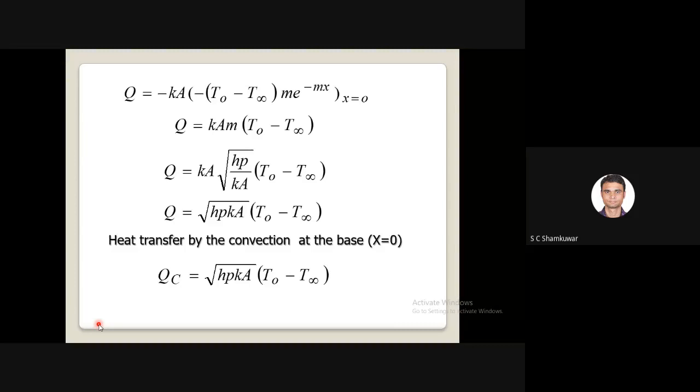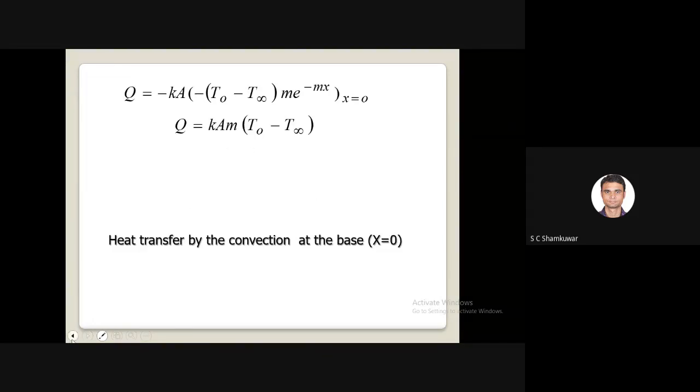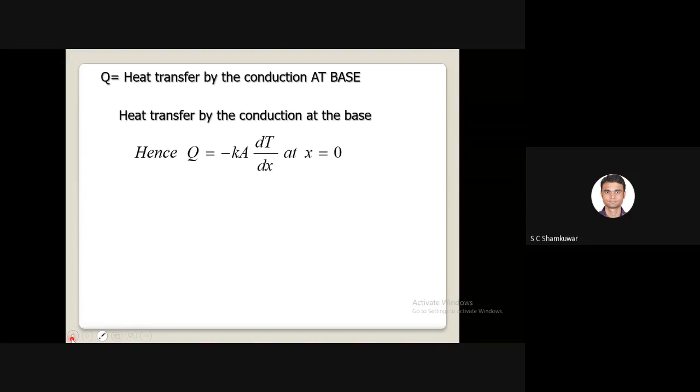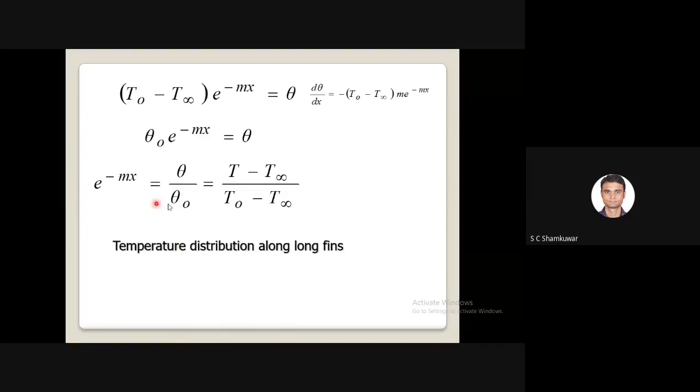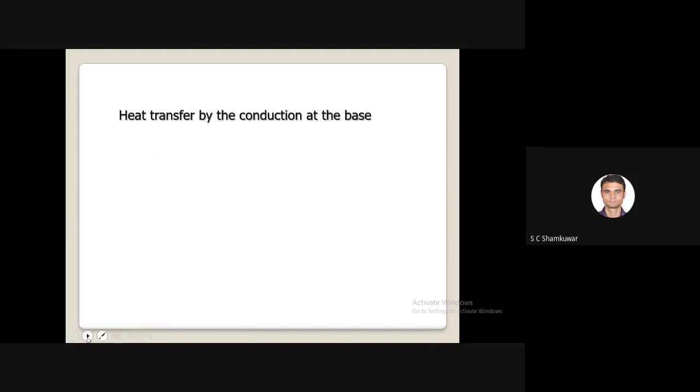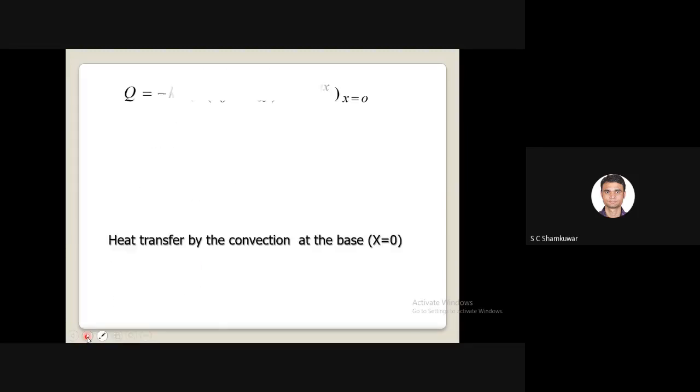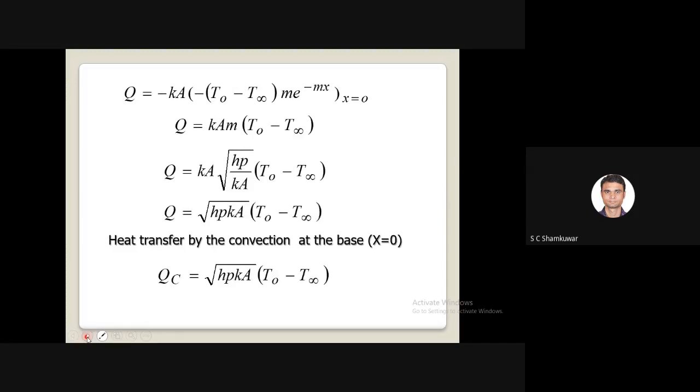We have gone through case 1, when the fins are infinitely long. In that you have to remember only two things: first, the temperature distribution, theta by theta naught, and second, the equation of Q.